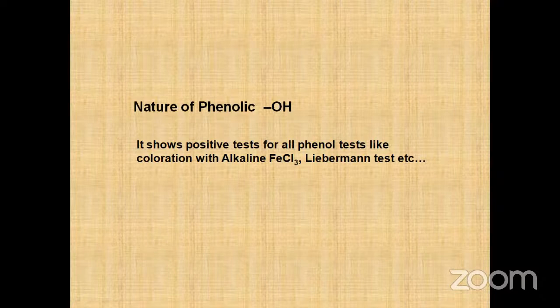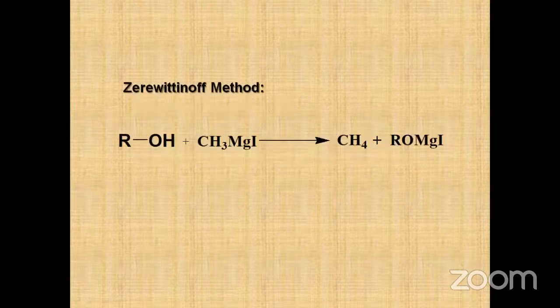Here also, some tests are eligible to confirm the phenolic OH in natural products. It shows a positive test for all phenol tests like chlorination with alkaline PCl3, Liebermann, fusion test. The azo dye test is also useful.